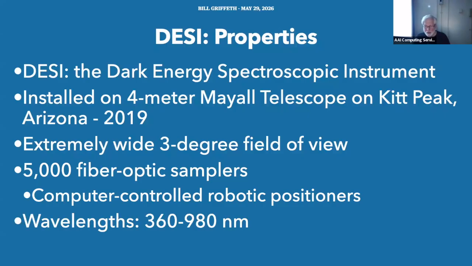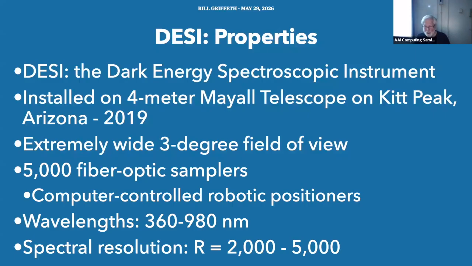DESI is sensitive to wavelengths from 360 to 980 nanometers, which is basically violet to near infrared. And DESI's spectral resolution ranges from R equals 2,000 for violet to R equals 5,000 for near infrared.